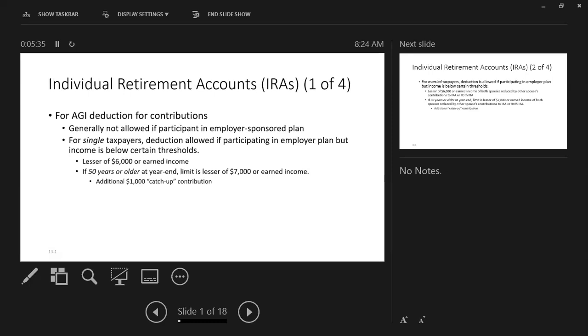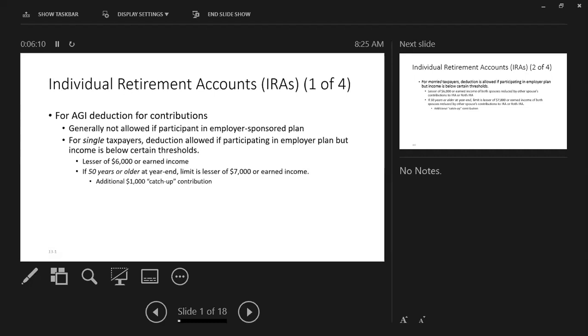If you remember what we were talking about the other day, when you contribute to a 401k, the contribution is subtracted from your gross pay and not taxed. Tina would like to make the maximum deductible contribution. So she can make a contribution up to $6,000 because her earned income is above $6,000. But she wants to make a maximum contribution and have it fully deductible.